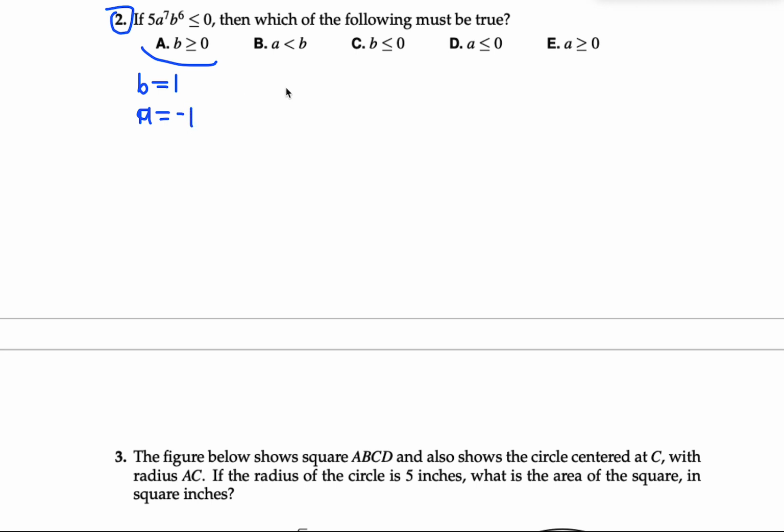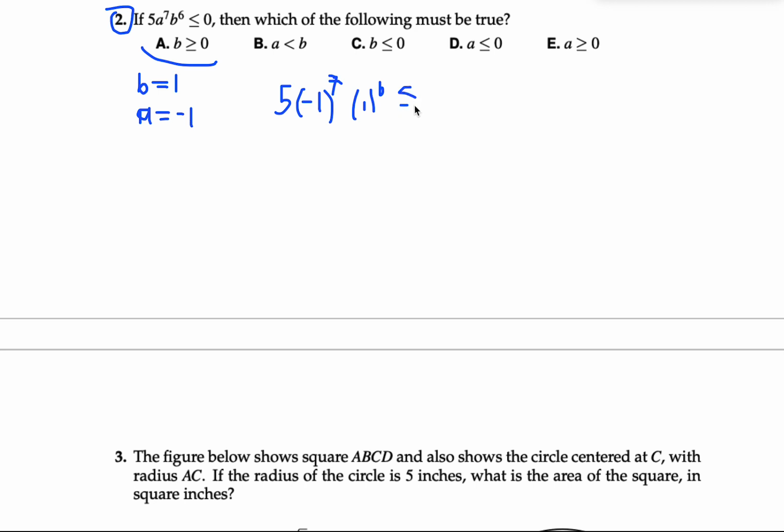Now, if that's the case, then like the simplification we just went through, we'll have 5 times -1 to the 7th power, and then b, which will be +1 to the 6th power.